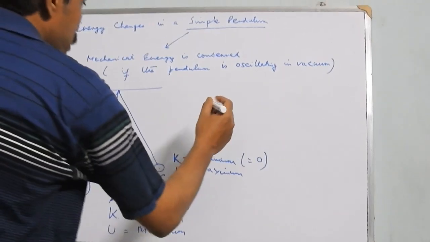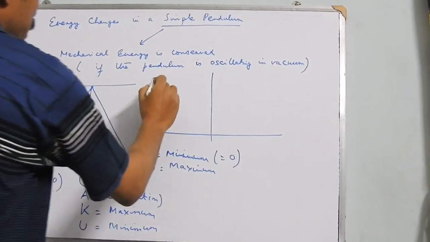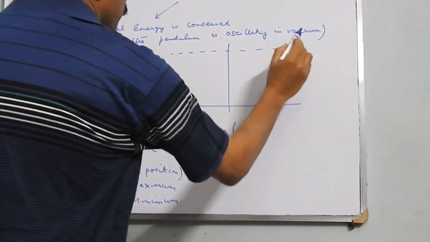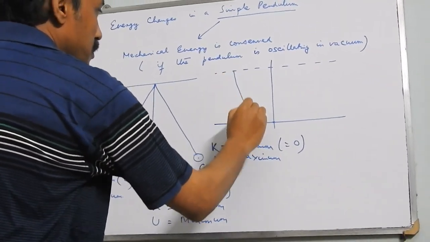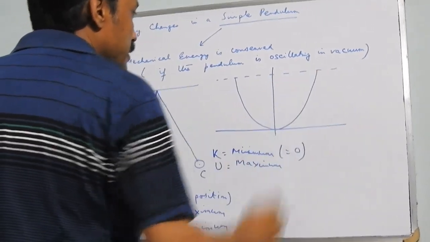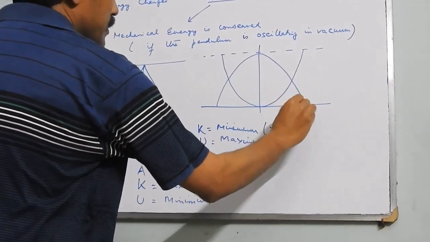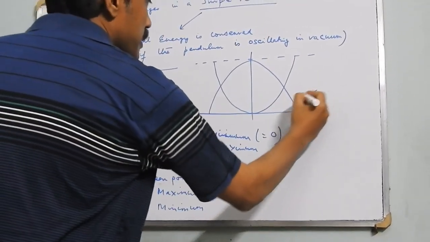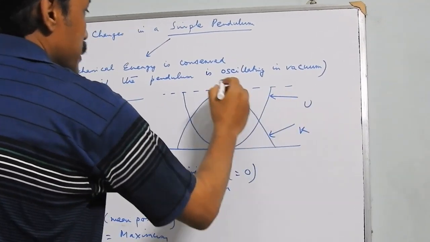Still, the graph will be of this nature if you consider the potential versus kinetic energy graph and the conversions. So at the mean position, the potential energy is minimum. So this will be the graph that represents the potential energy and this will be the graph that represents the kinetic energy.